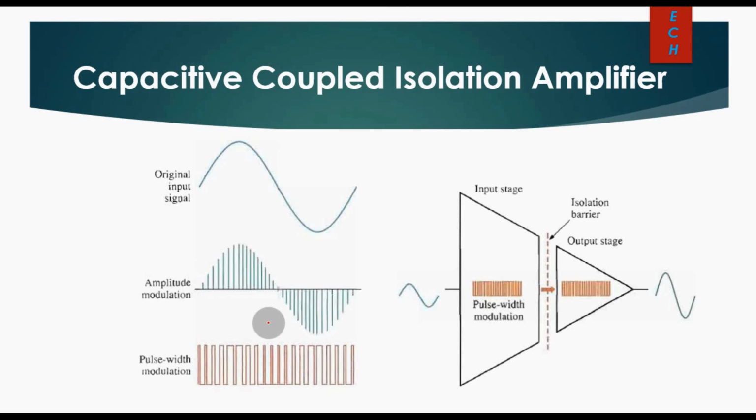We have a high frequency oscillator here, as I have already told in previous slide, there is oscillator, so that is high frequency oscillator which converts the original signal into a pulse width signal. Then again it will be demodulated by using demodulator. Then we have op amp and it will amplify the input signal. Okay, that is how a capacitive coupled isolated amplifier works.